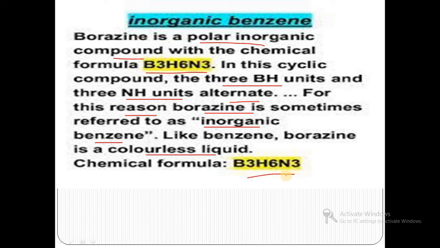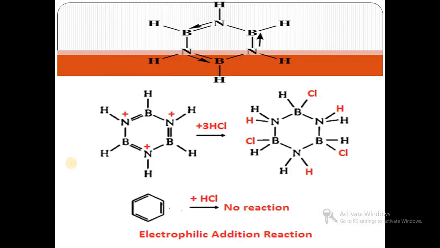Chemical formula B3H6N3. So this is the structure of borazine, and when it is reacted with HCl, we get this compound. Here chlorines are attached to boron atoms at 3 positions, but benzene does not react with HCl. There is no reaction. So an electrophilic addition reaction takes place in borazine, but does not take place in benzene.